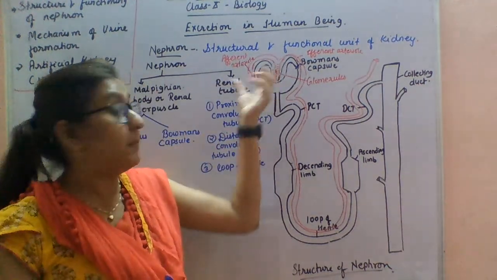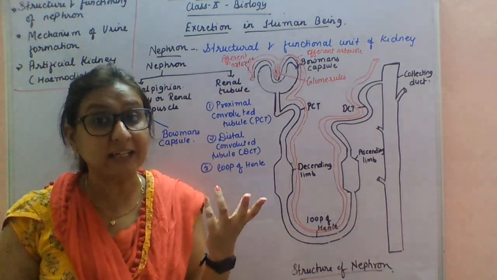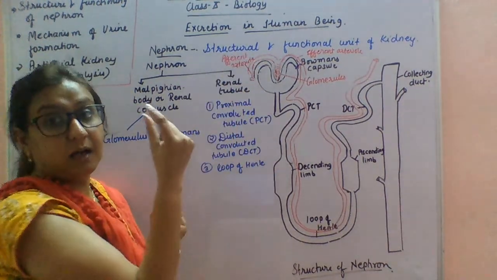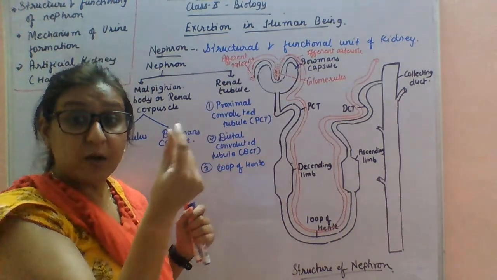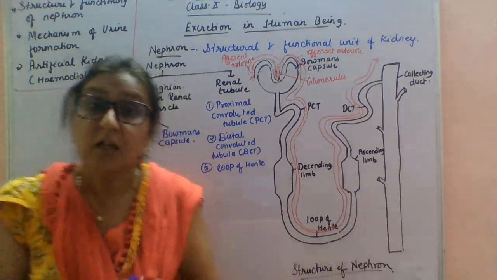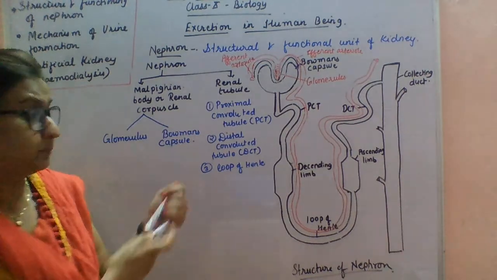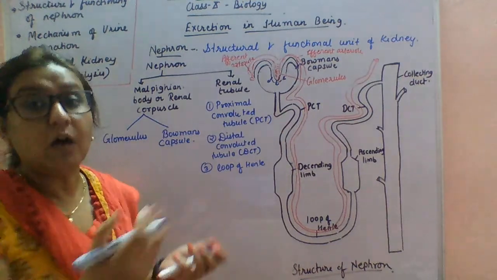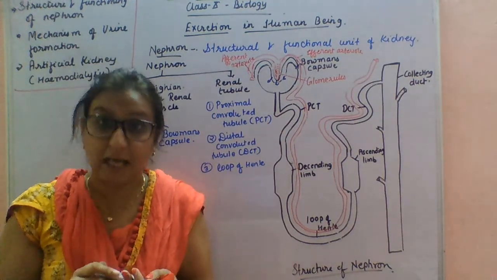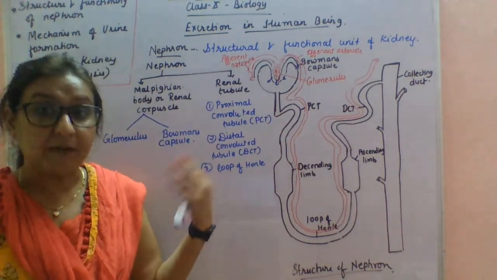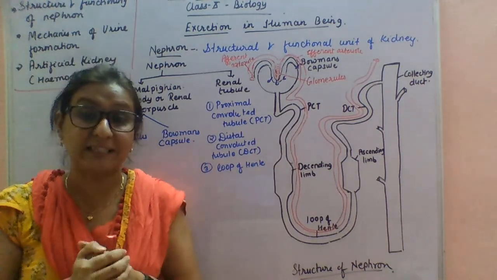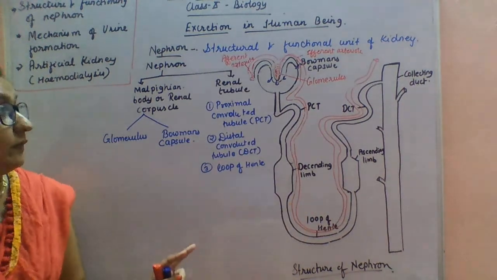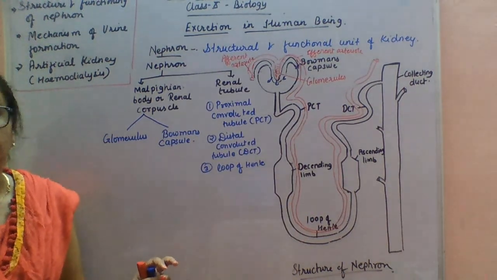Due to this, the blood gets under pressure. Obviously, here the vessels are wide, here they get narrow, so definitely the pressure will increase. Due to this increase in pressure, the filtrate oozes out here, and ultrafiltration occurs. I will explain this in the formation of urine, or the function of the kidney, now. So this is the structure of the nephron.